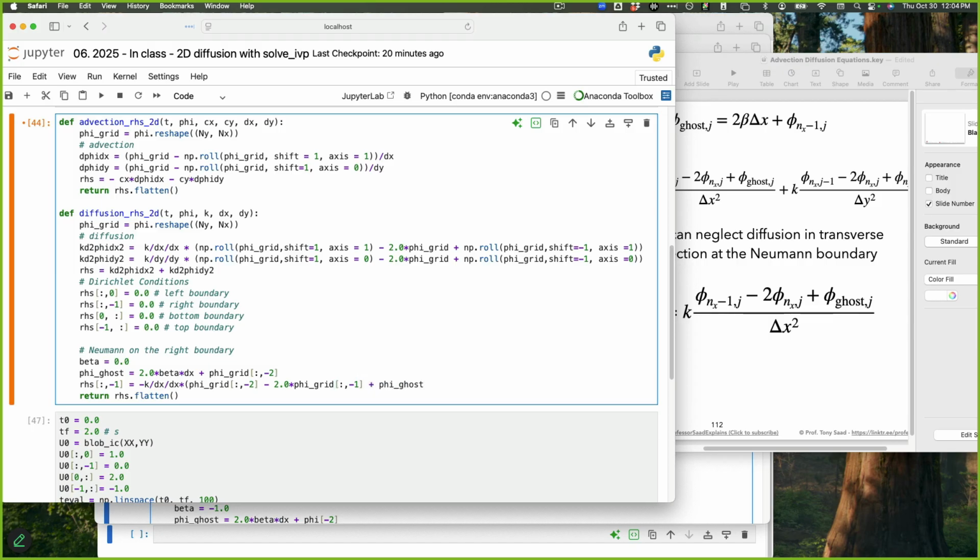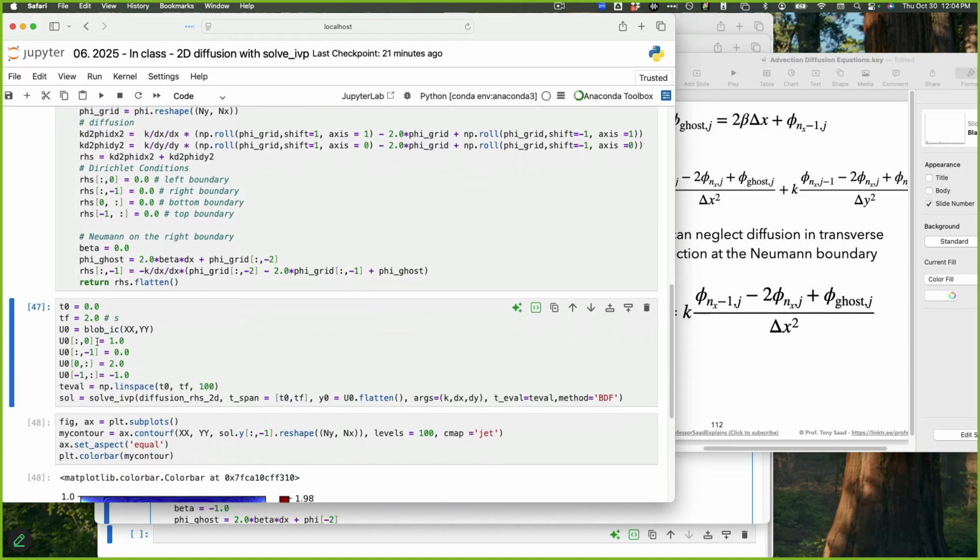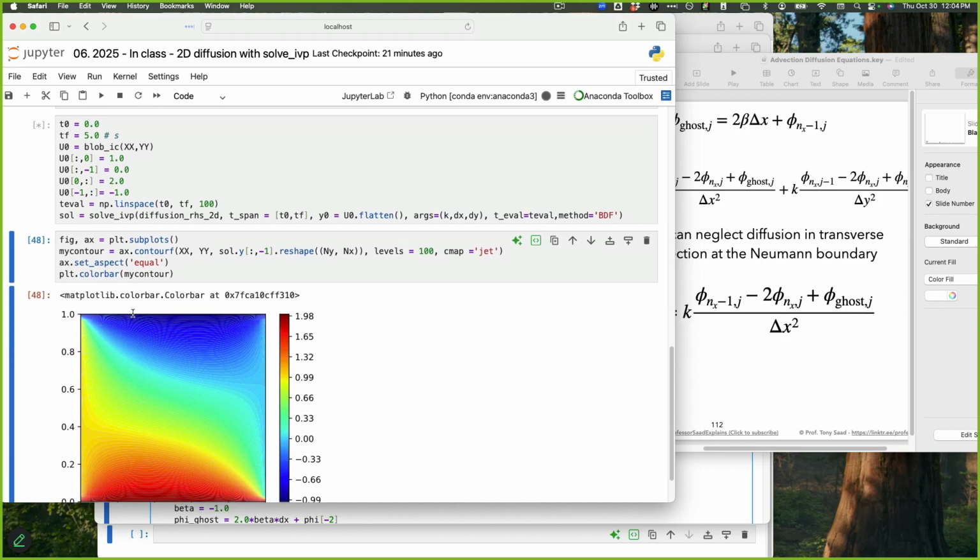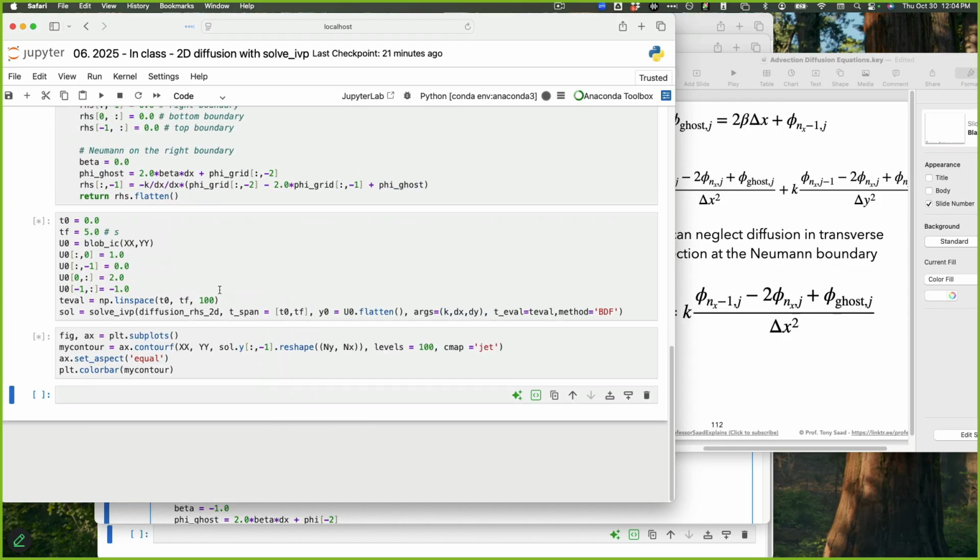Phi ghost, I already computed that. I'm going to neglect diffusion in the y direction at that boundary. I don't care about it. There's no worries because it's the same Neumann value everywhere, so there's no diffusion going on in the y direction. And that's it. That's all I have to do for Neumann. So now my beta is 0 for the Neumann condition, and I'm going to run this for 5 seconds to reach steady state, and then I'm going to plot the last value.